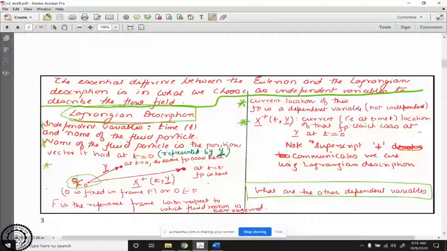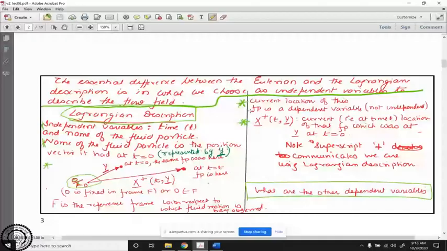I have written the full sentence here. Current, that is at time t, location of that fluid particle which was at y at t equals 0.